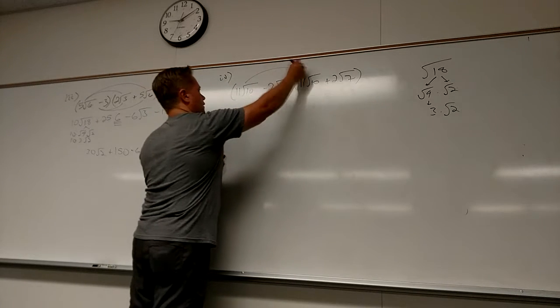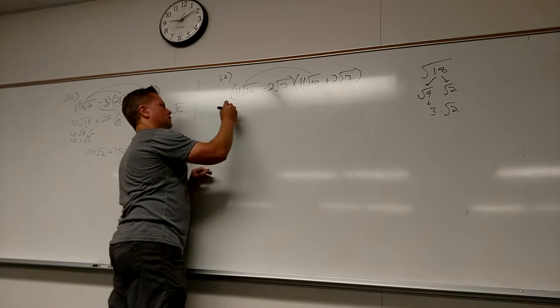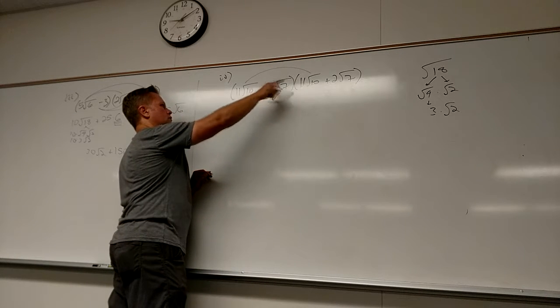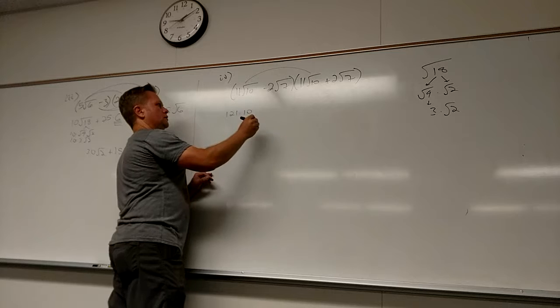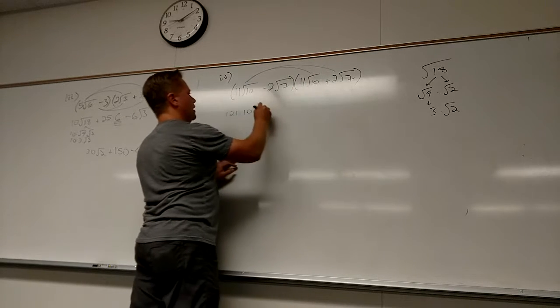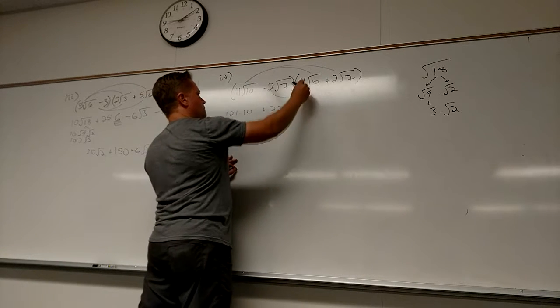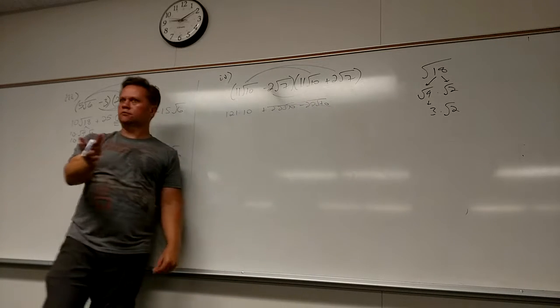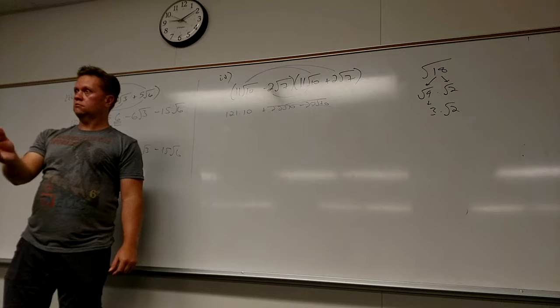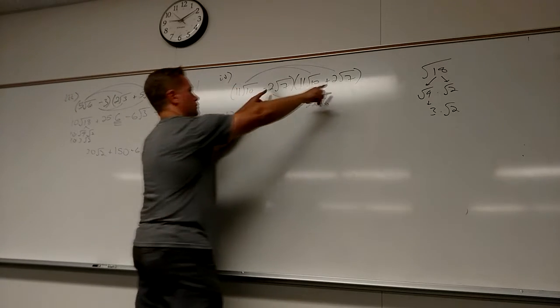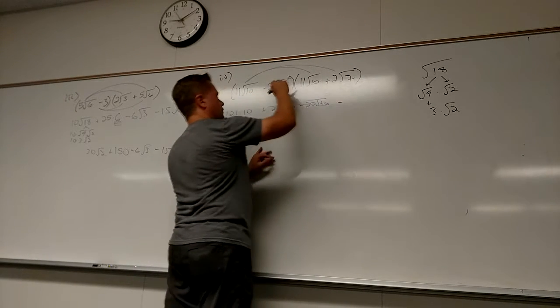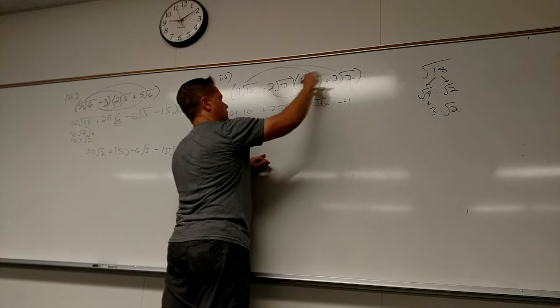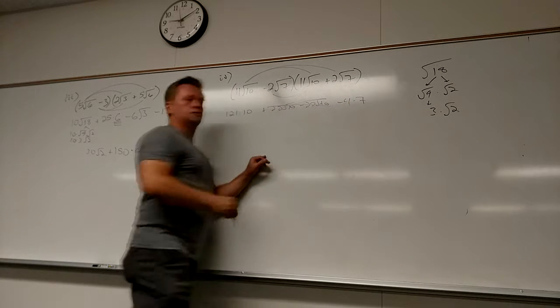So you get, what's 11 times 11? 121. And what's square root of 10 times square root of 10? 10. And then I get plus 22 square root of 70 minus 22 square root of 70. So those kill each other, right? Then you get minus 4 square root of 7 times square root of 7, which is 7.